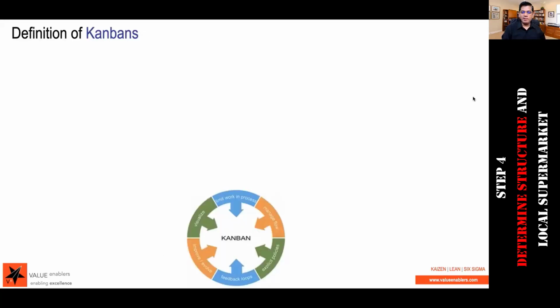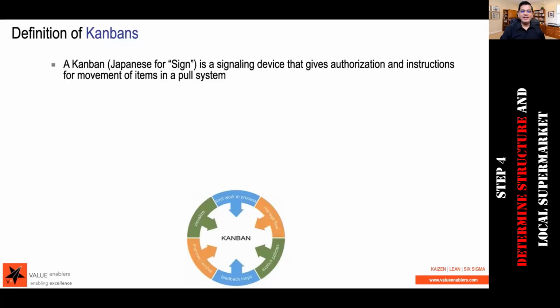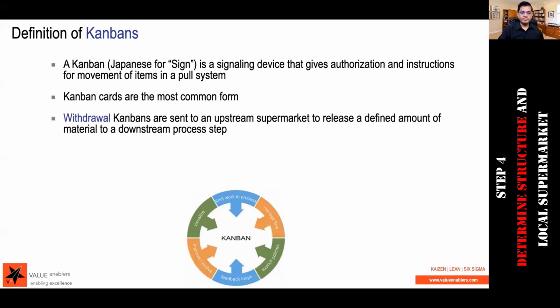Now, definition of Kanbans, a little bit of definition, okay? We have said this enough. A Kanban is a Japanese signboard, a signaling device. We have said different types of Kanban, even verbal signaling, token signaling, light signaling, alarm signaling, card signaling, and things like that, okay? Electronic digital signaling, all that we have seen. So Kanban cards are the most common form. Earlier they had cards because Taiichi Ohno, who actually perfected Kanban cards, took about 13 years.